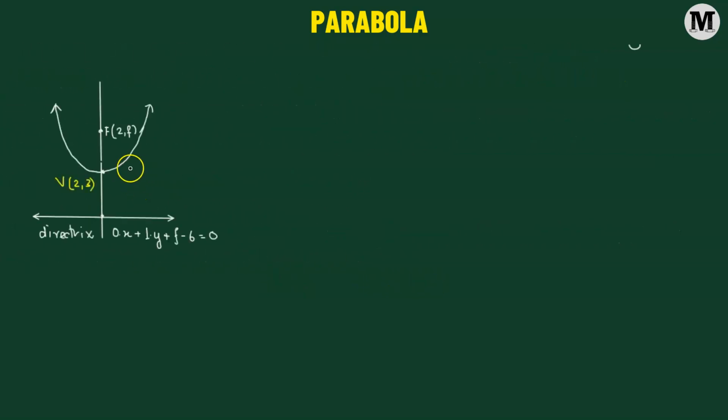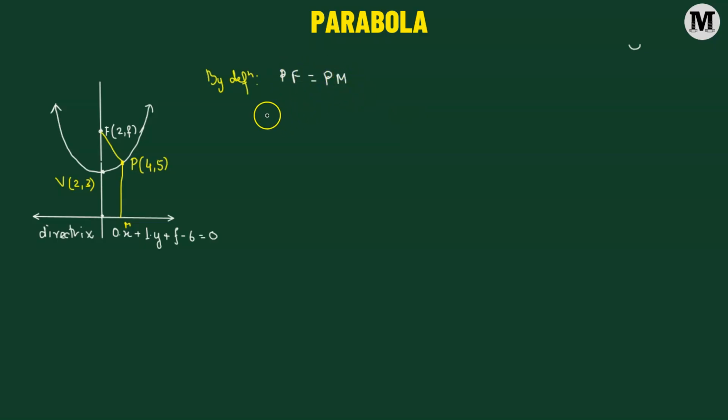Now, in the problem, it's given that the parabola passes through the point (4, 5). Let's say the point is defined by P with coordinates (4, 5). This means that by definition, if we join point P and point F, and from point P we drop a perpendicular on the directrix line meeting it at M, then by the definition of a parabola, the length PF should be equal to PM.